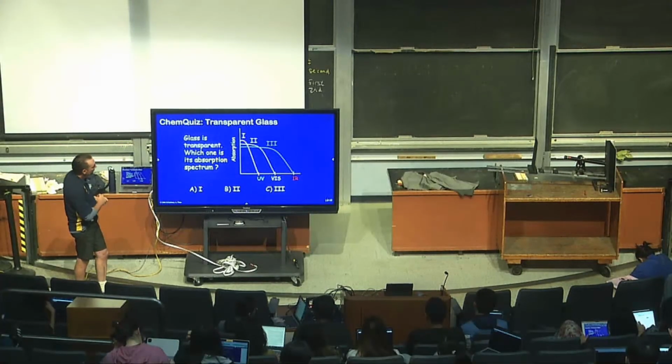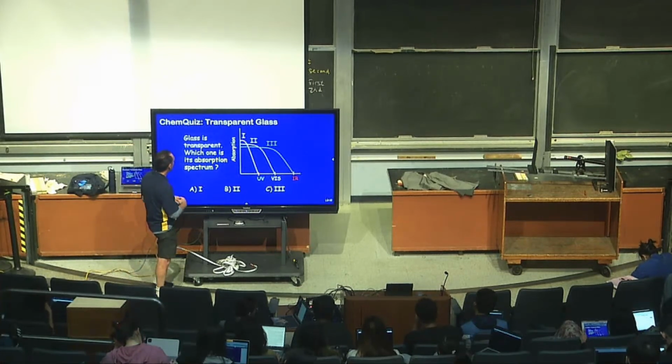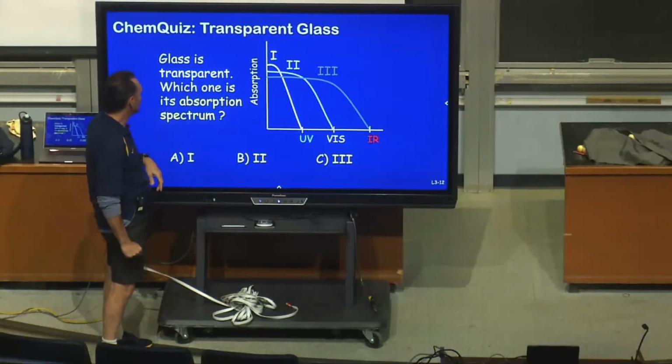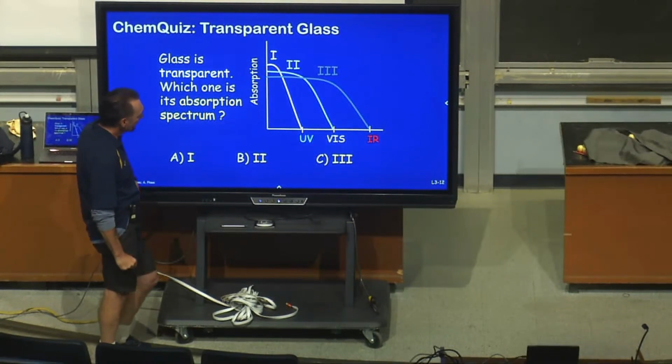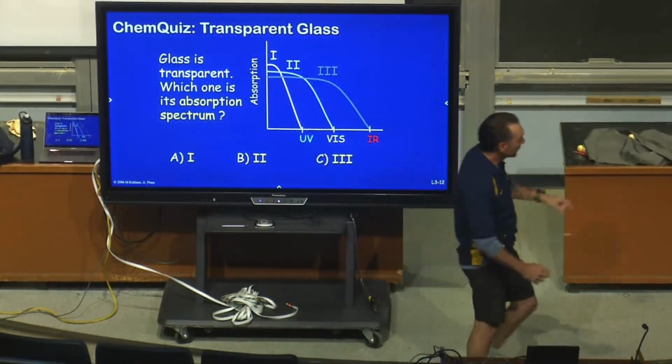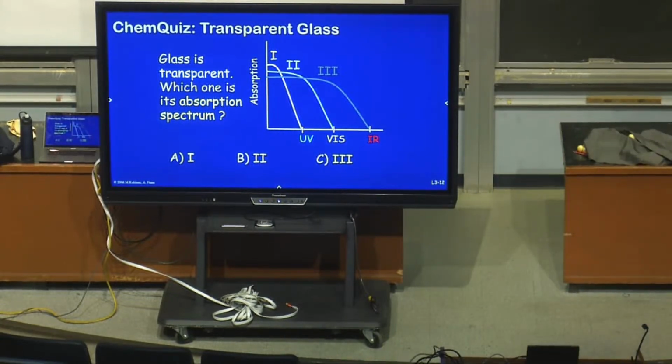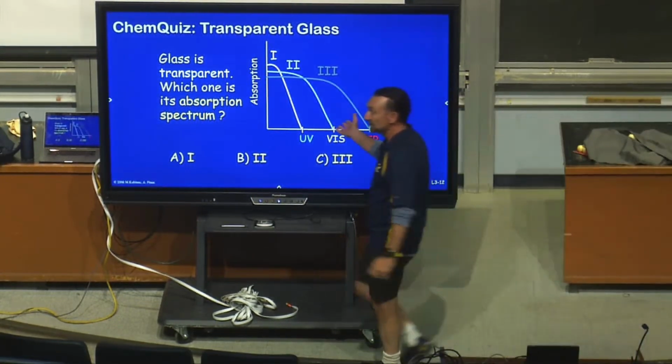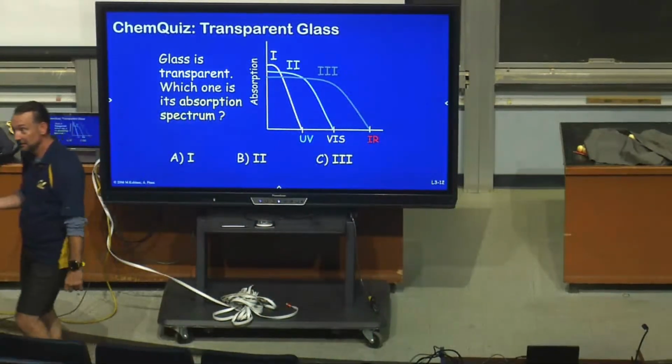Talk through this one. Glass is transparent. Which is its absorption spectrum? So now we're saying, where does glass absorb? Clear glass, the clear glass that's containing these things. Well, it's transparent. What does that mean?